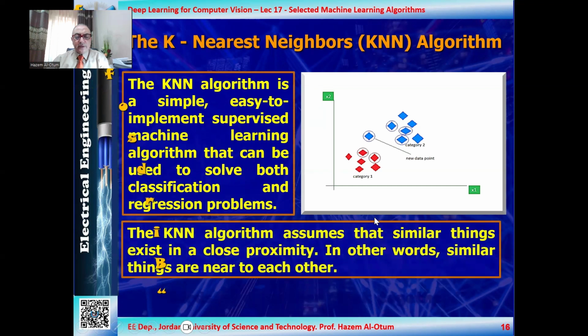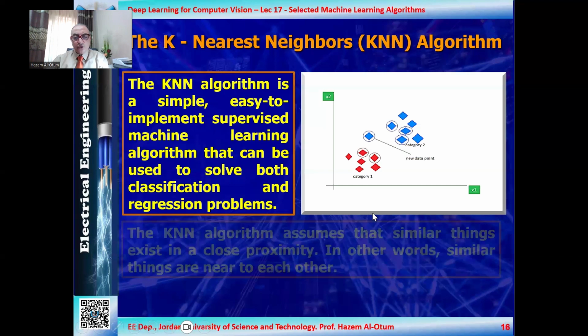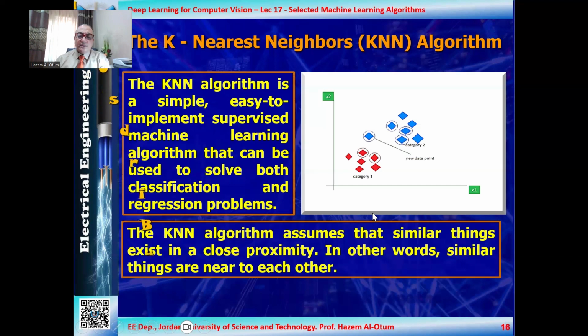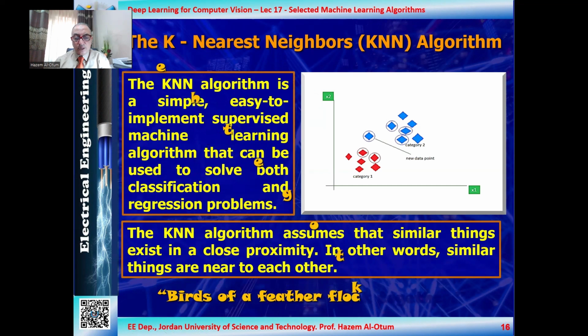Now the KNN assumes that similar things exist in close proximity. This is a very ideal situation. For example, we all know the saying, birds of a feather flock together.